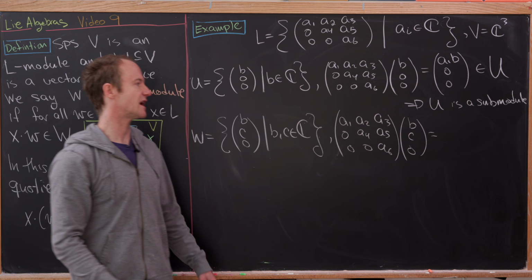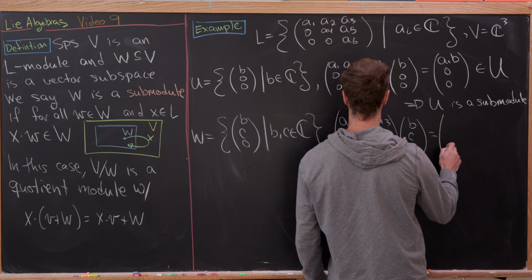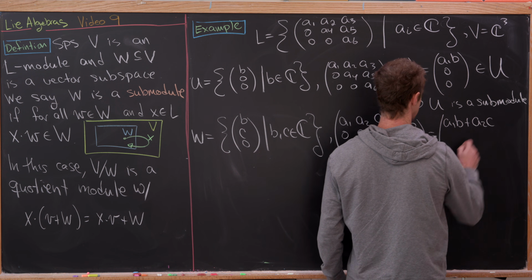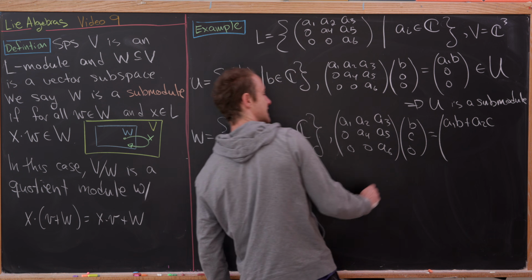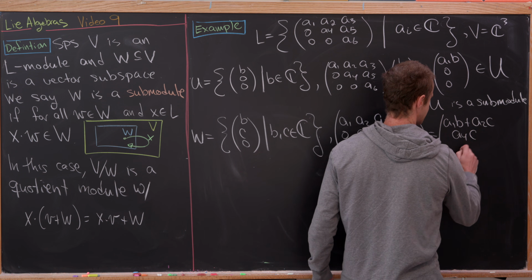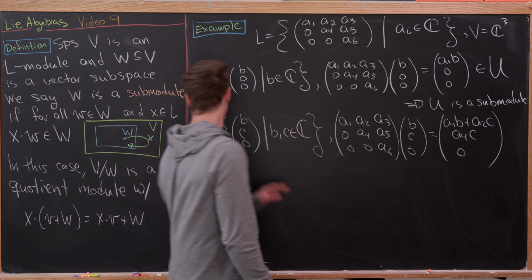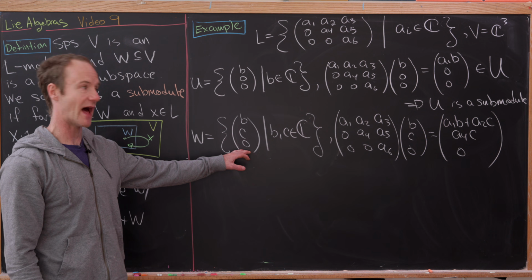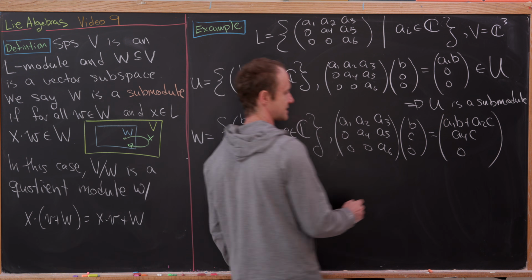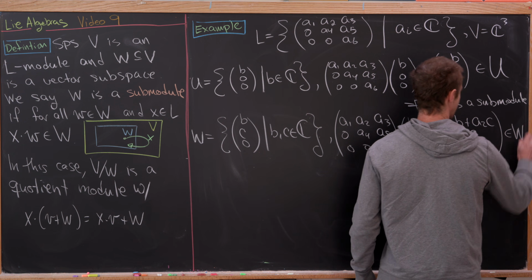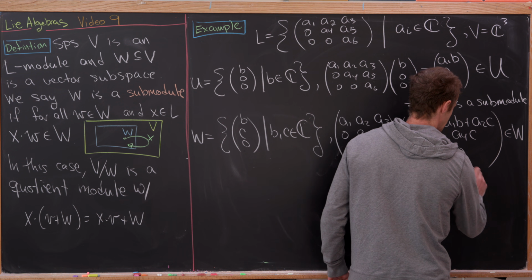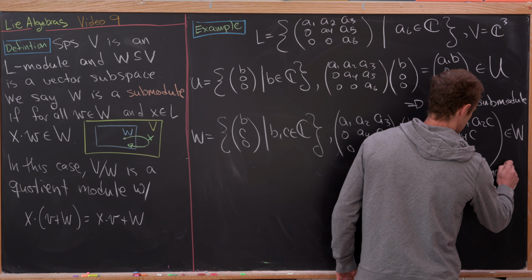So let's see, in the upper entry, just by the definition of matrix multiplication, we'll have A1B plus A2C. And then in the second entry, we'll have A4C, 0. But really, the defining property of W is it has a 0 down here in the last entry. Well, we still have a 0 in the last entry. So this is, in fact, inside of W, making W, again, a submodule.